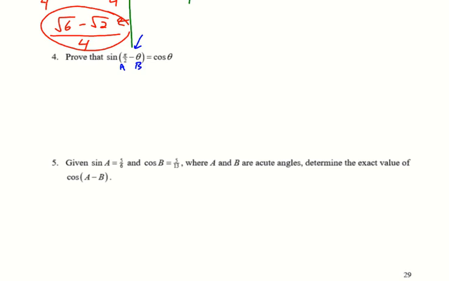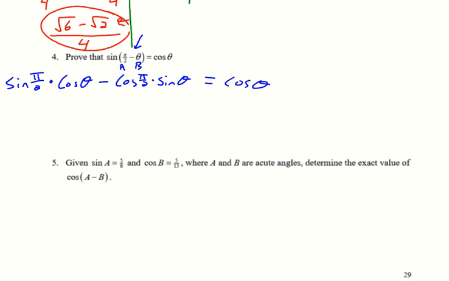This is one of our identities, right? Just look for the right one. So sine pi over 2 times cos theta minus cos pi over 2 times sine theta is supposed to be equal to cos theta.